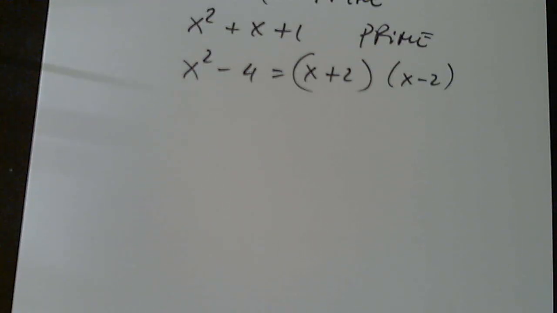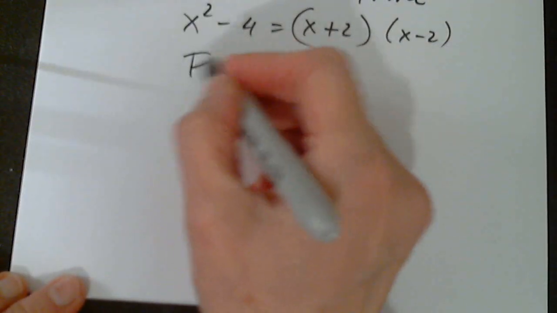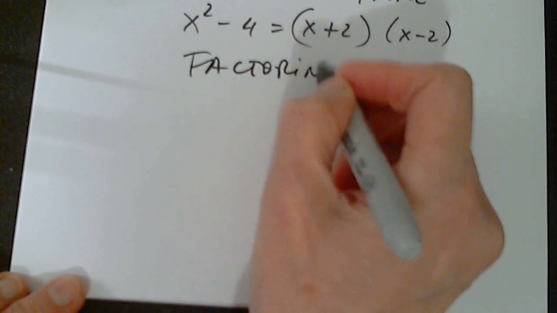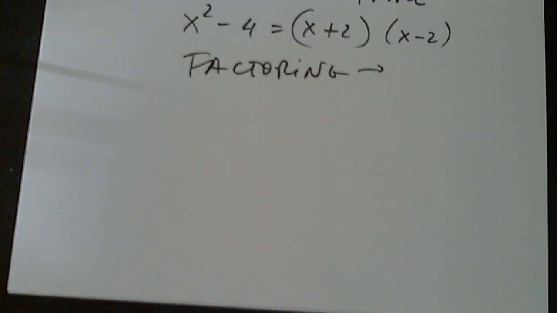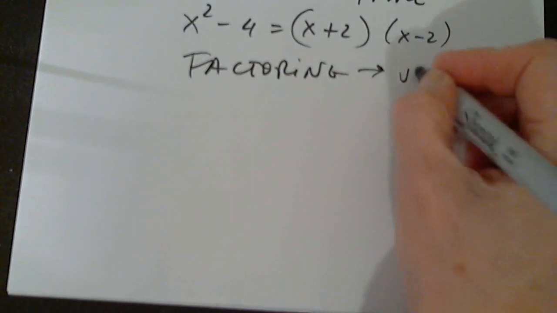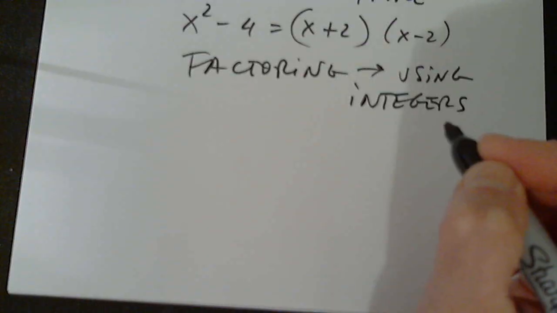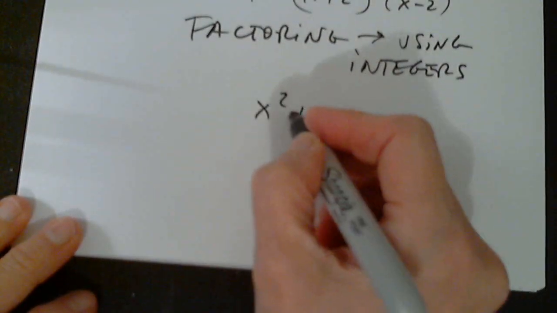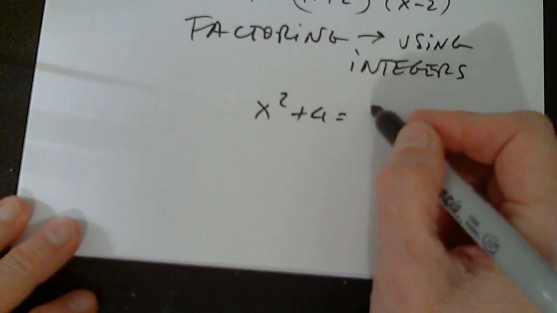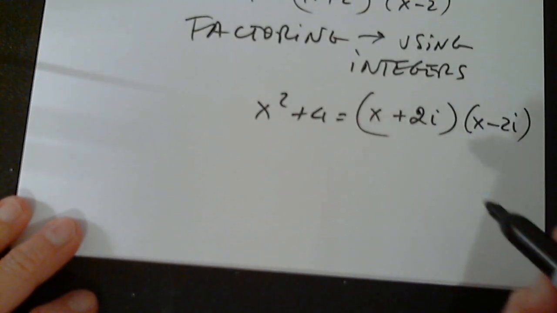That's very interesting. I was always curious about the sum of squares. Actually, there is a way, but when we talk about factoring or completely factoring, what we really talk about is using integers. But yes, x squared plus 4 can be factored as (x plus 2i)(x minus 2i).